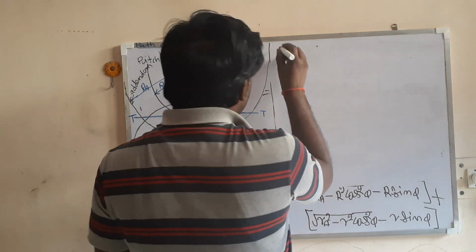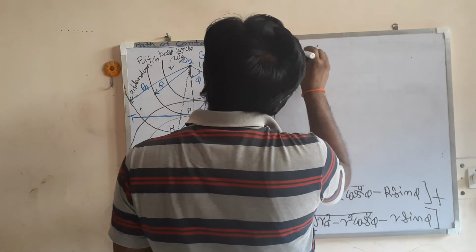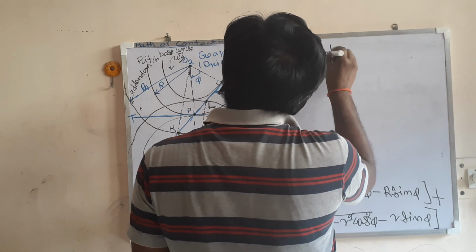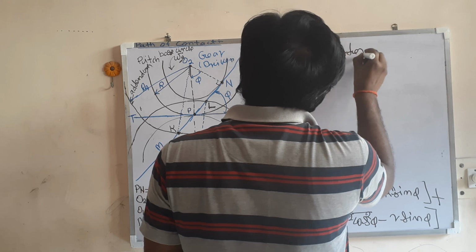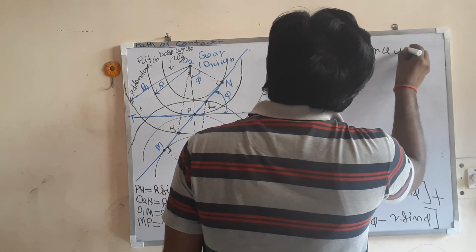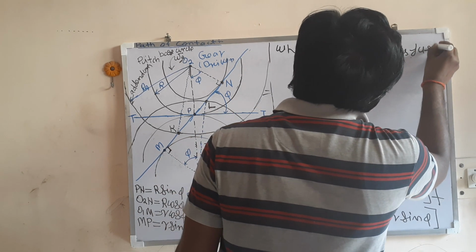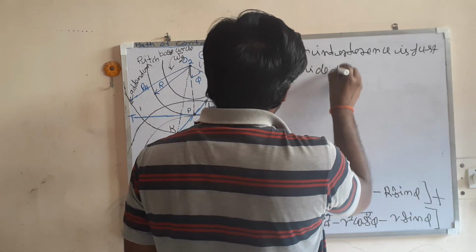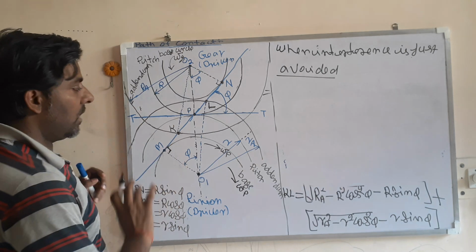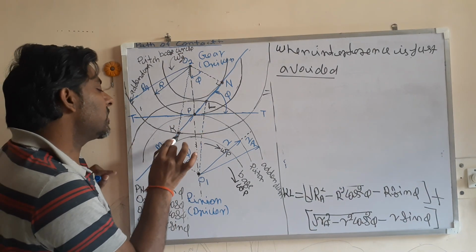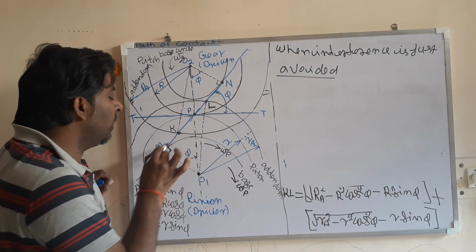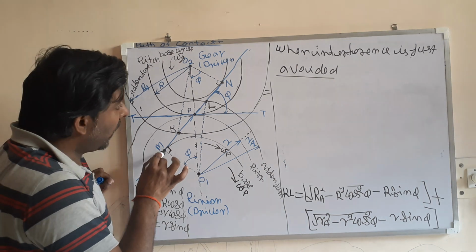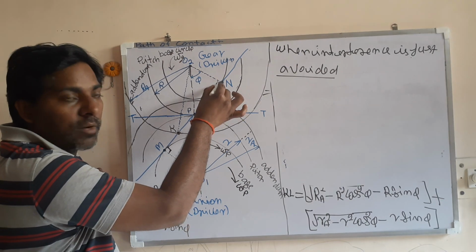So the condition is that when interference is just avoided, then this start of engagement K will be at the point M. This point M and N is the point of interference.